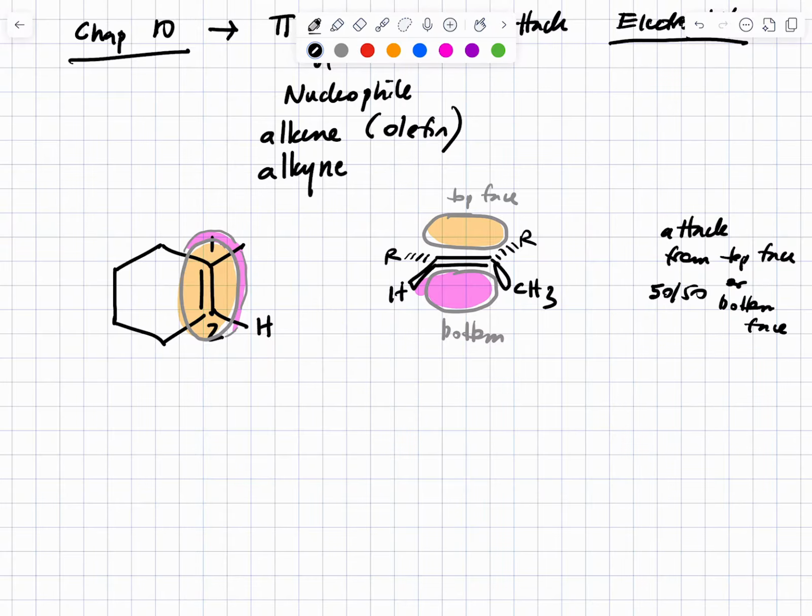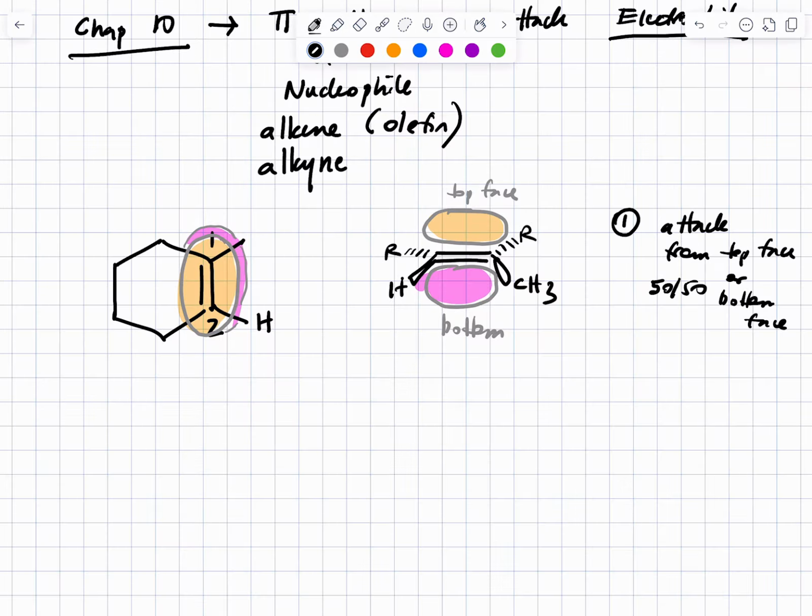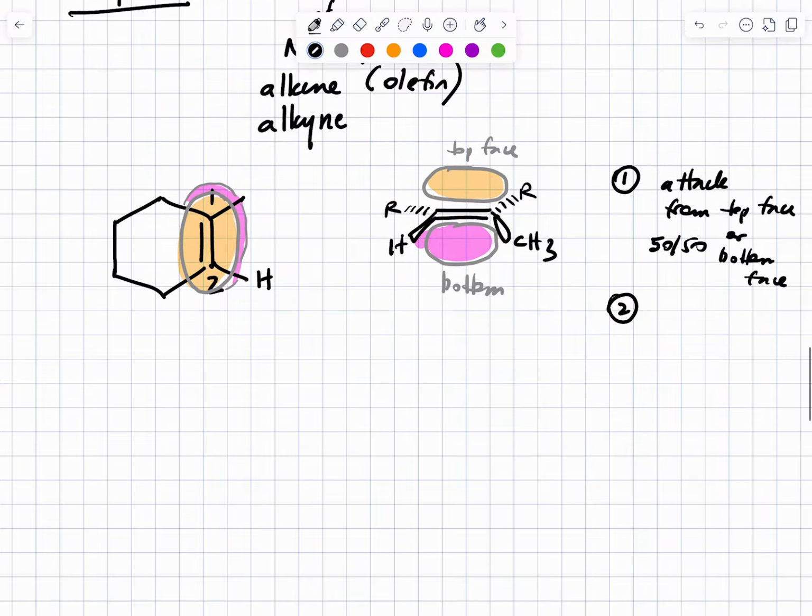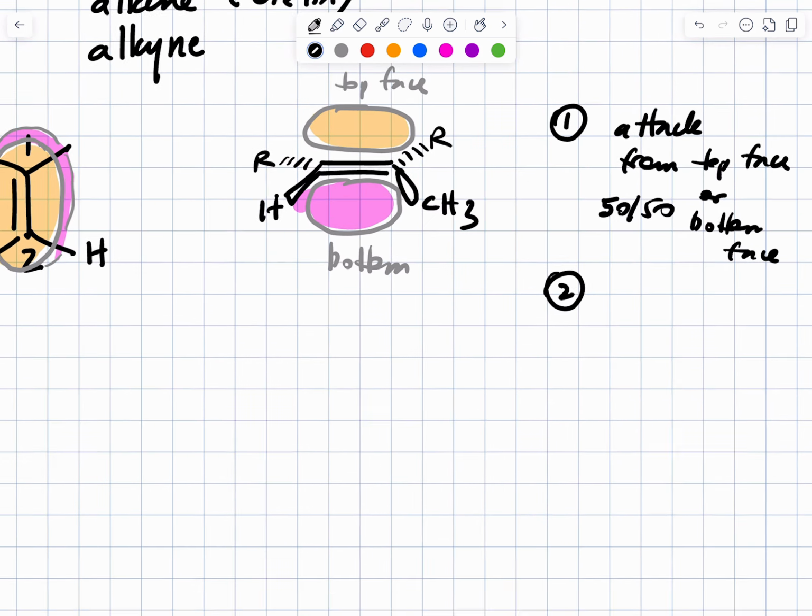The second issue you're going to have to deal with is when those two electrons in the pi bond attack some electrophile, you're going to form a new sigma bond with the electrophile, but the two atoms of the pi bond can't be sigma bonded to the same thing at once with just two electrons.